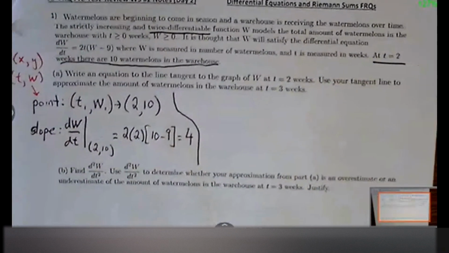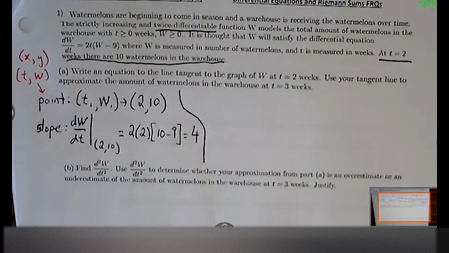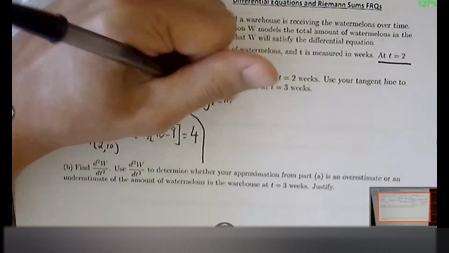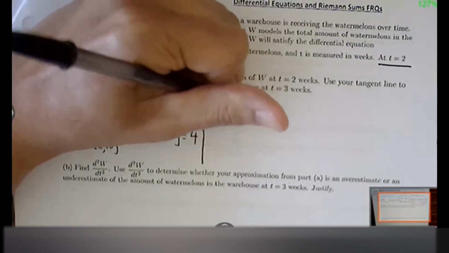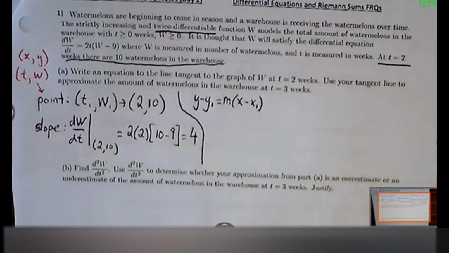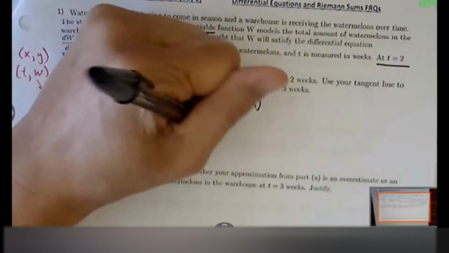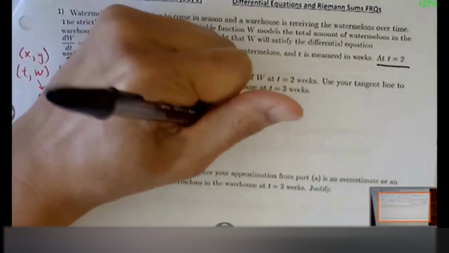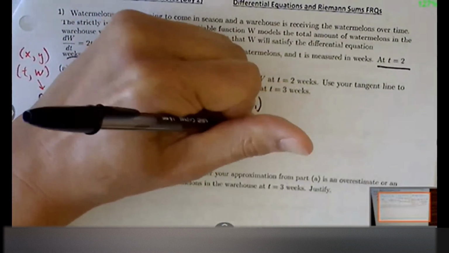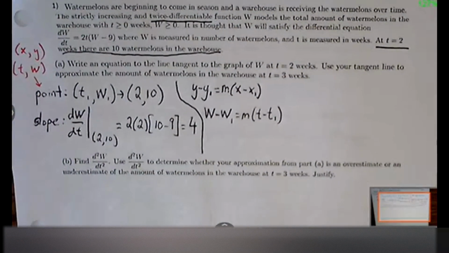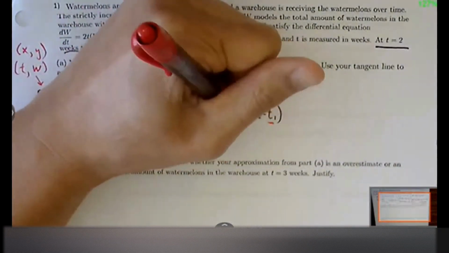I have my ordered pair, I have my slope. Now I can do point-slope form. We're maybe more familiar with it in terms of x and y, so I'm just going to write this out first, and then we can adapt using the variables in our problem. Instead of y, I'll use W. Instead of x, I'll use t. Replace t1, W1, and m.